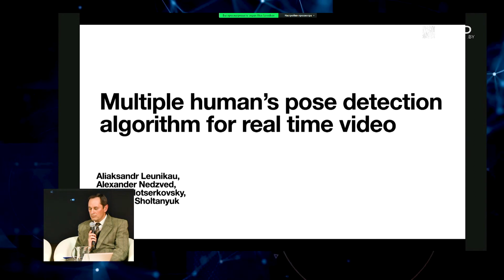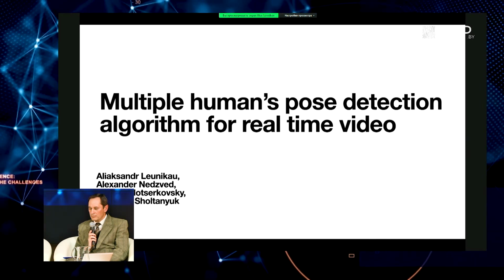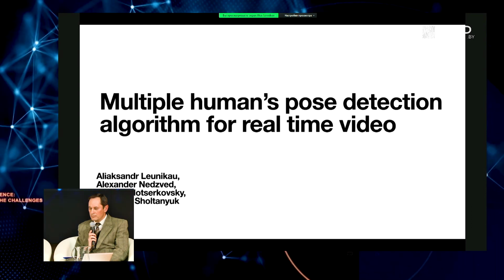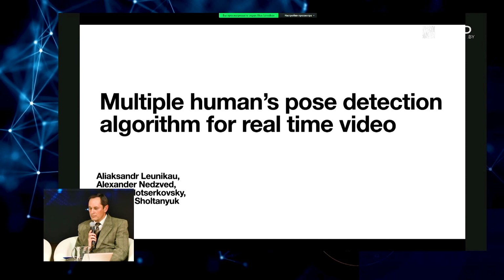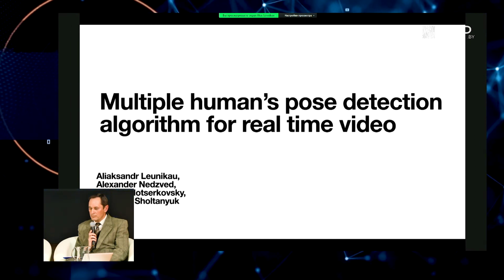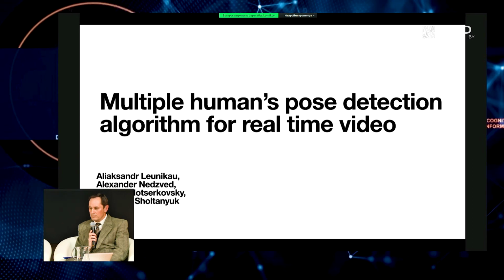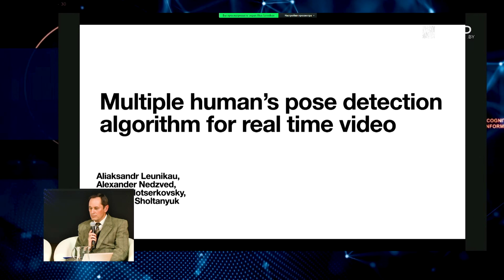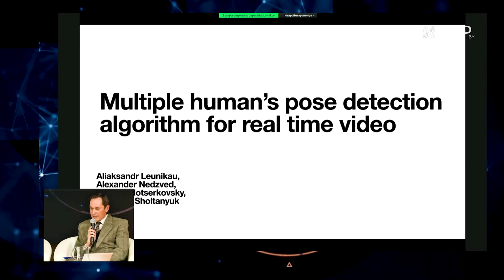This was achieved due to the optimizations that we did, because at our first stages the algorithm was like 200 megabytes, and we were able to decrease the size almost 10 times. Yes, sounds promising. Yeah, thank you.